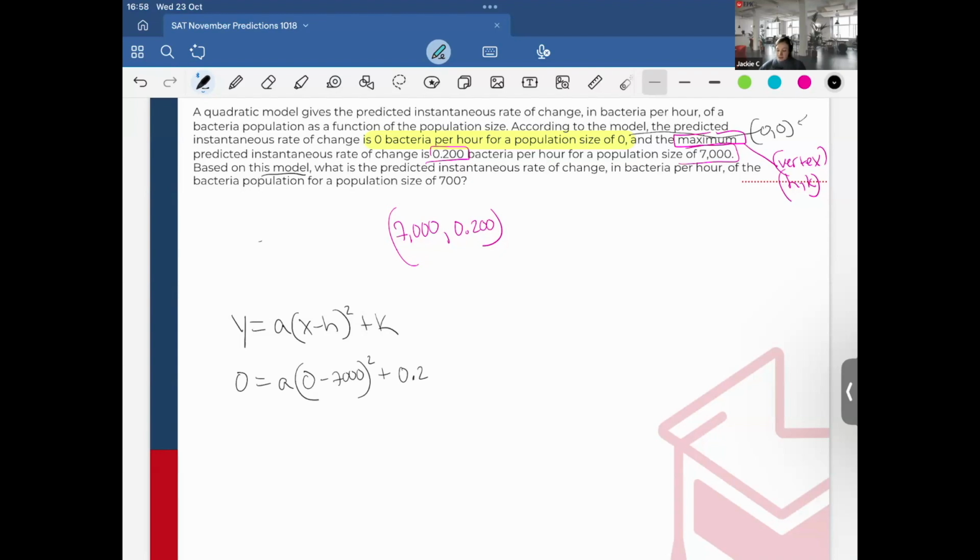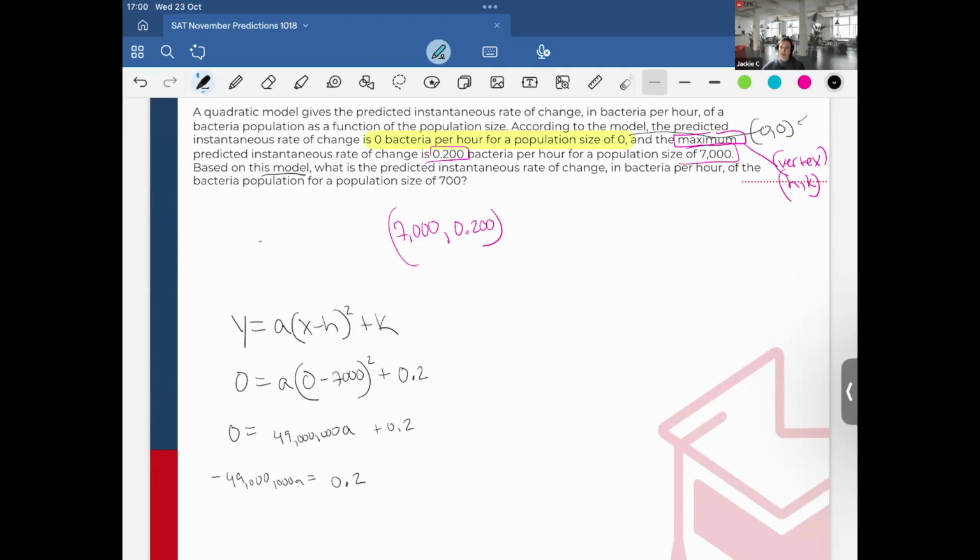And let's see, so 7,000 squared is really quite large, which is a great problem to do on your calculator. Okay, so just to write the whole process out, this would be 49 million a and then plus 0.2. Subtract the 49 million from each side. And then I'm going to divide 0.2 by 49 million.